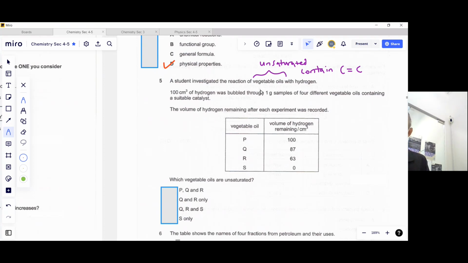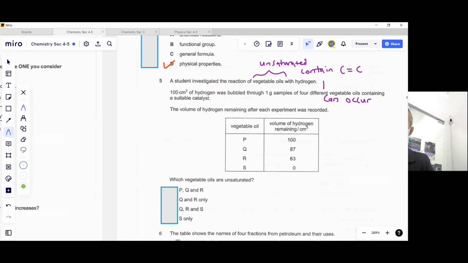So be sensitive to the words vegetable oils. That also means they can be brominated, because they have the C double bond C there. Oh, sorry, in this case it's hydrogenation, but of course bromination will occur too.